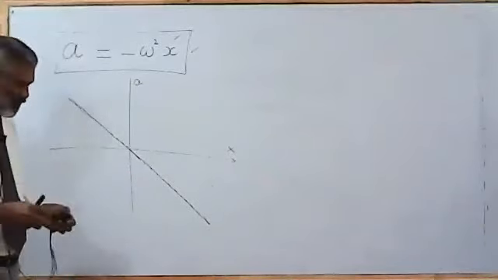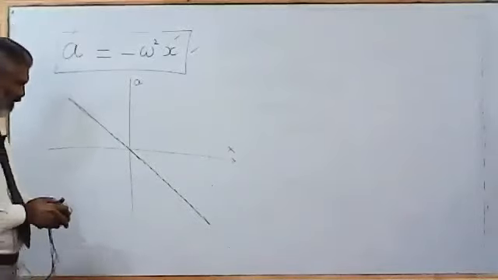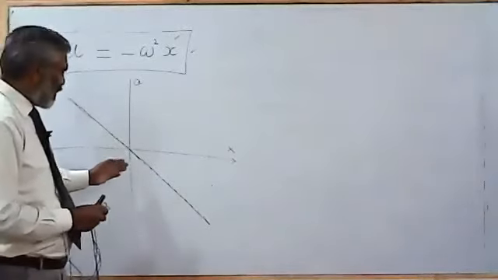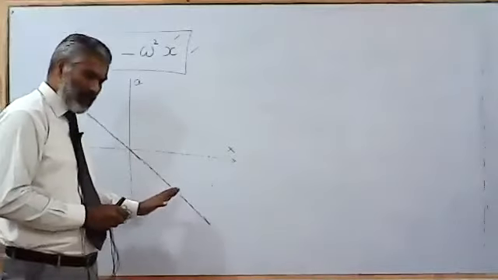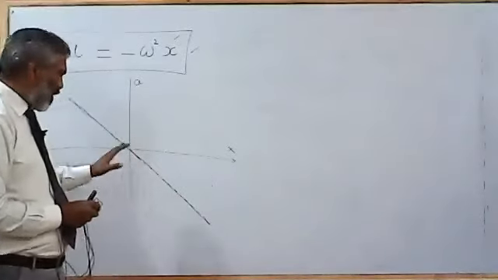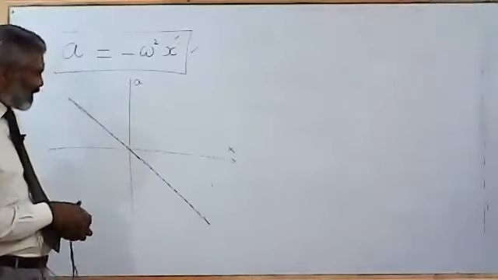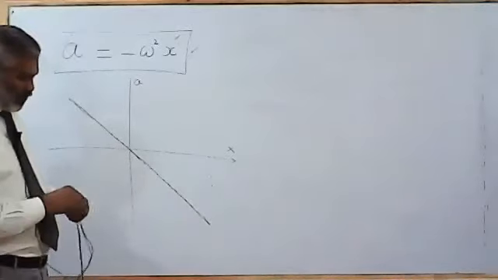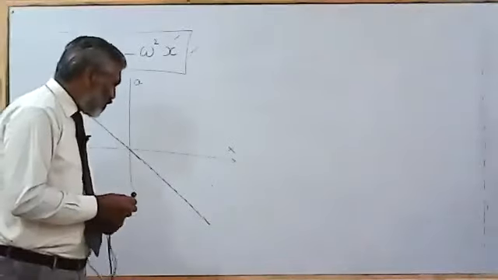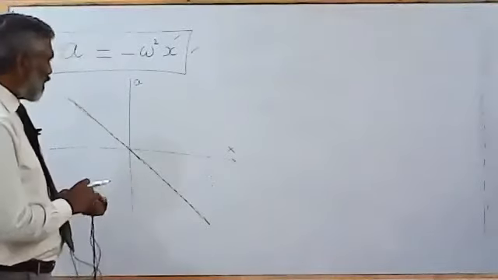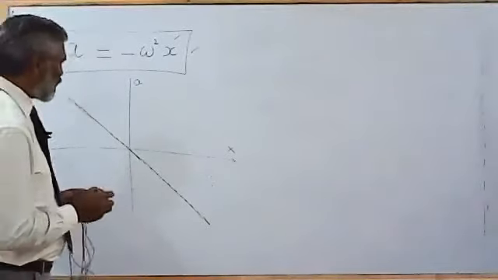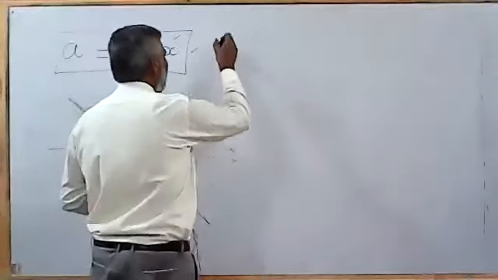So there are so many questions in which you will actually plot this graph, or if this is already given, you have to explain why this graph is sufficient to deduce that this system is executing simple harmonic motion. Let me write this as a question.